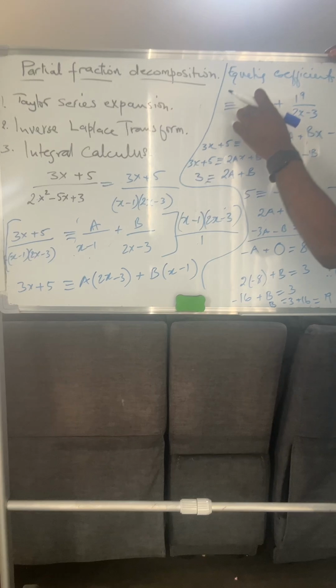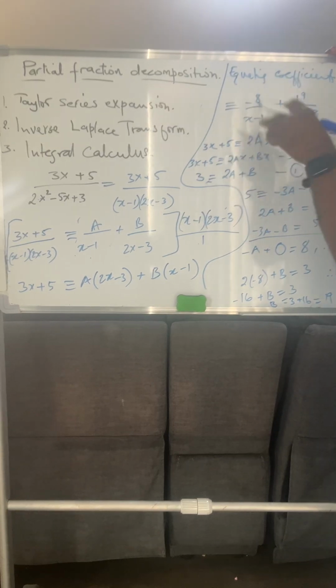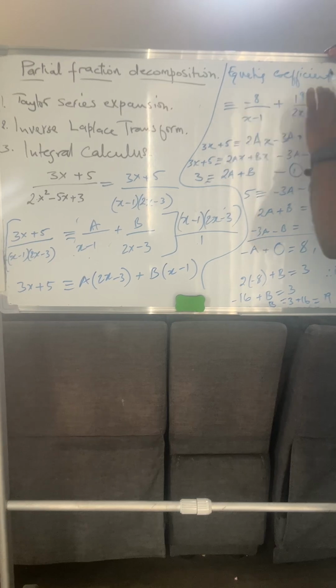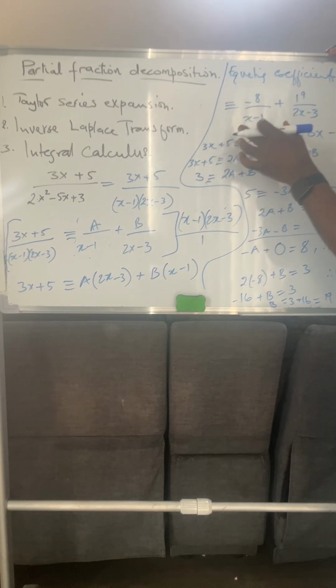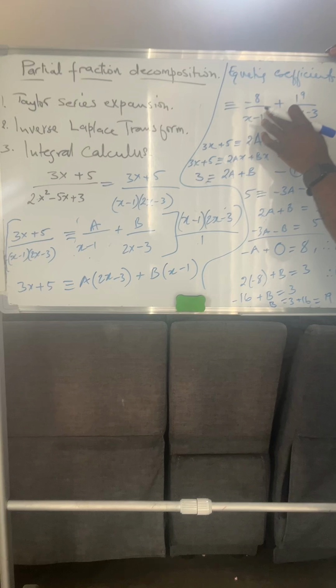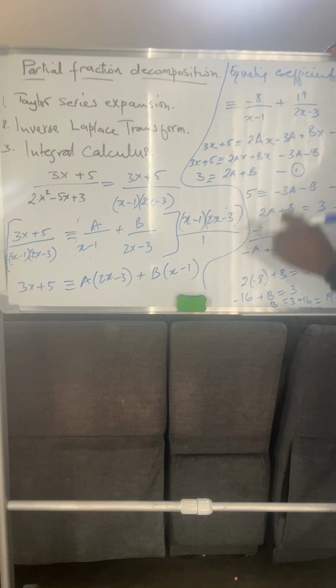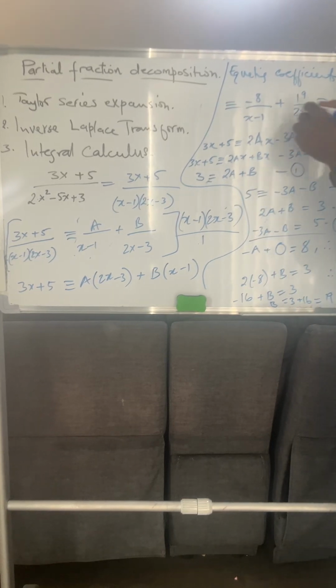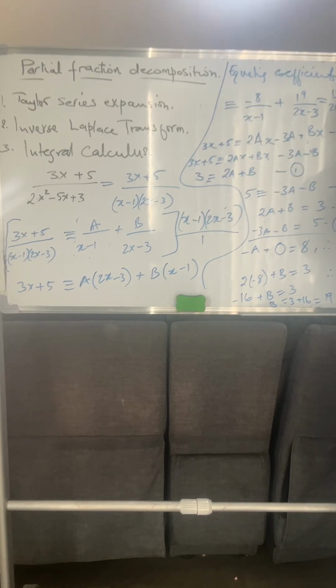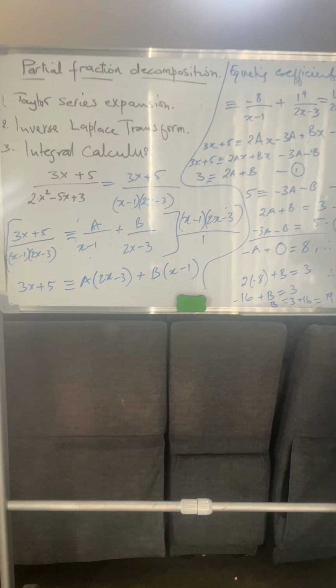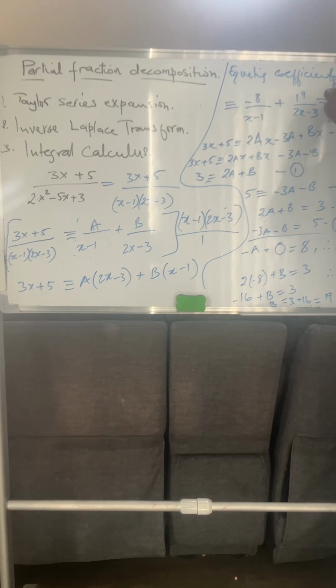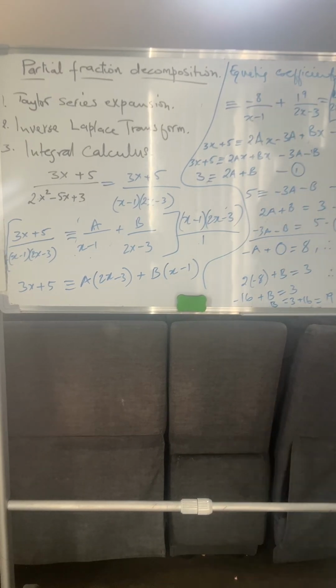Because of this minus sign, you can exchange the positions of the function, if you want to. It doesn't matter as long as the denominator goes with the numerator. So this can also be written as 19 all over 2x minus 3 minus 8 all over x minus 1. You can either leave it like this or like this. So that is the solution to this problem.